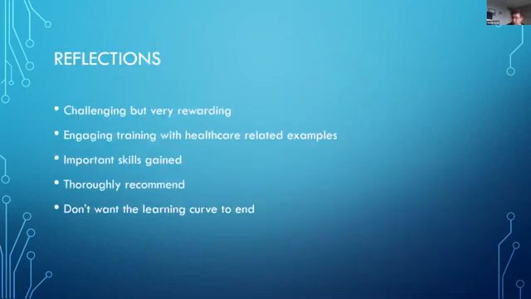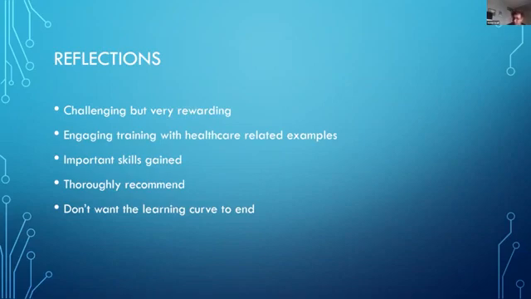So, just some reflections on the HSMA programme as a whole. I find it personally challenging, but very rewarding. I learned some quite complex modelling techniques, for example object-oriented programming, with concepts that took some time to get my head around. But once I figured it out, it was very rewarding, with a great sense of achievement when applying it to this project.